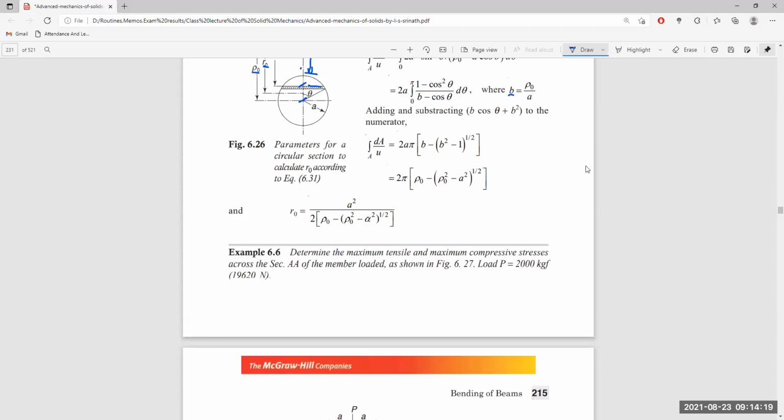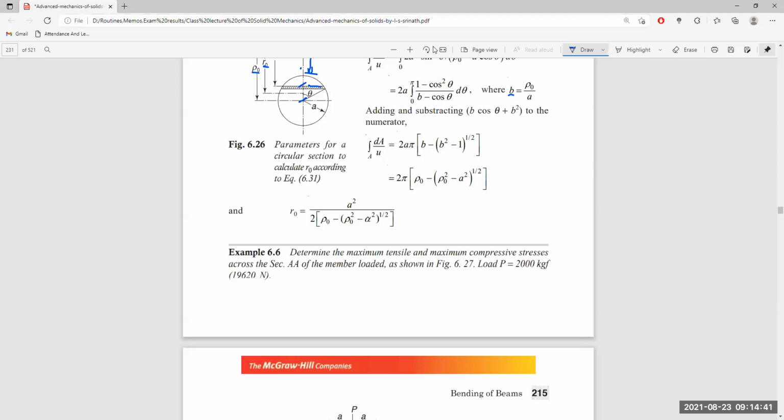Actually, this will become a quadratic equation, and if we solve the quadratic equation, we get this particular form, and thus this becomes 2 pi a times b minus the square root of b square minus 1.